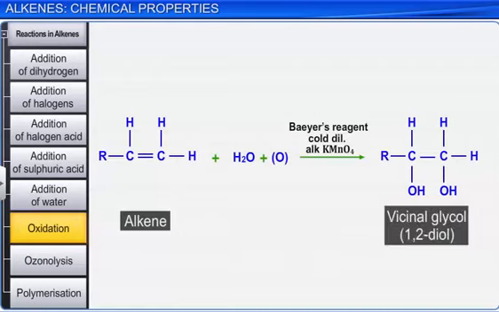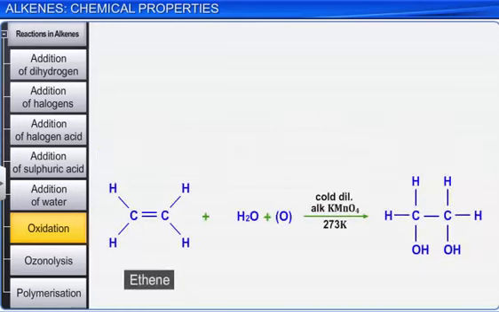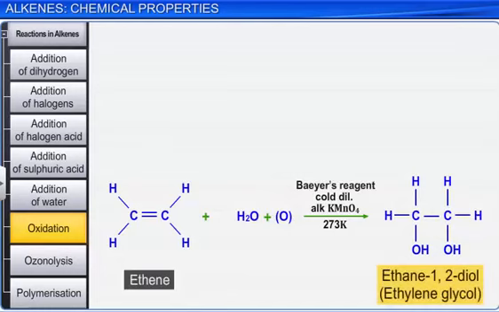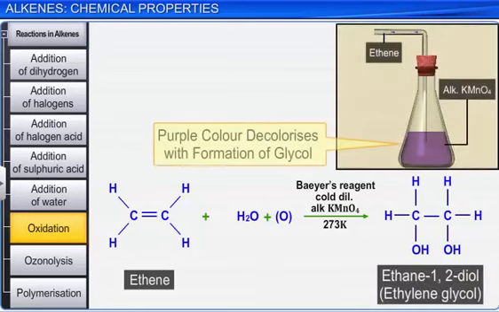For example, ethene, on reaction with Baeyer's reagent, forms ethane-1,2-diol or ethylene glycol. As the purple color of potassium permanganate decolorizes with the formation of glycol, this reaction is used as a test for unsaturation.